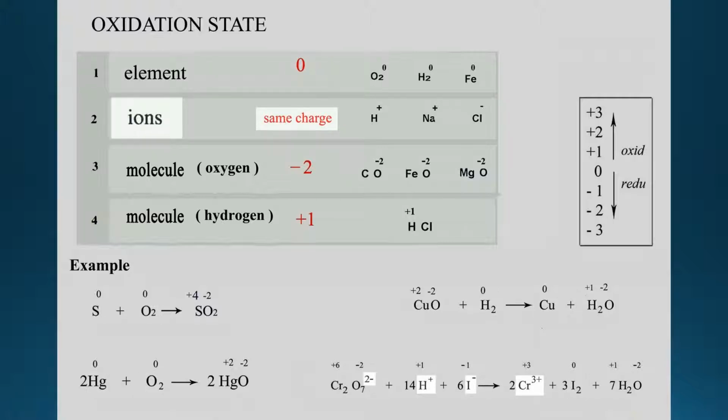Ion: if you are an ion, you follow the charge. As 2 minus, you write 2 minus. H plus, you put +1. Minus, -1. +3, +3. You follow the same charge.